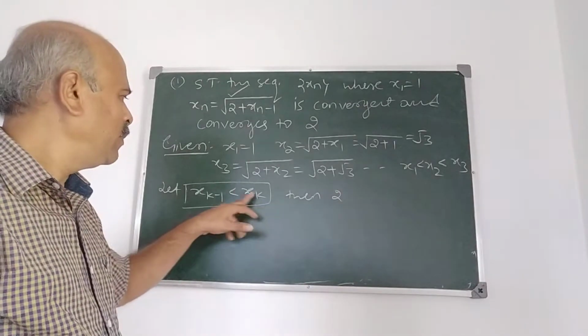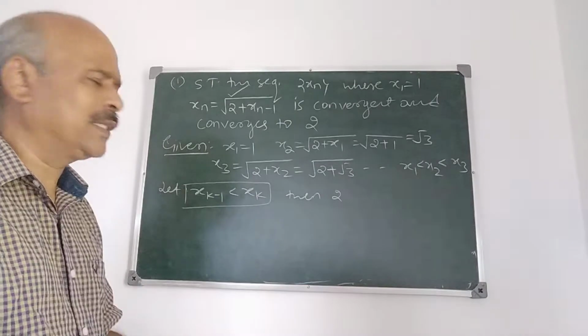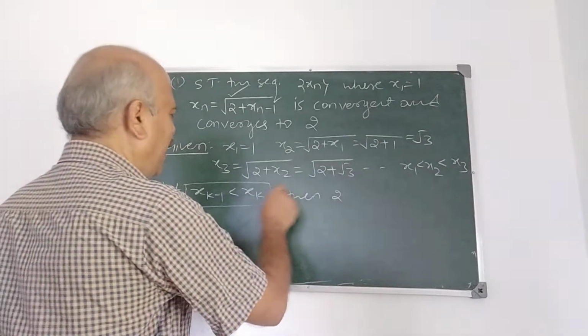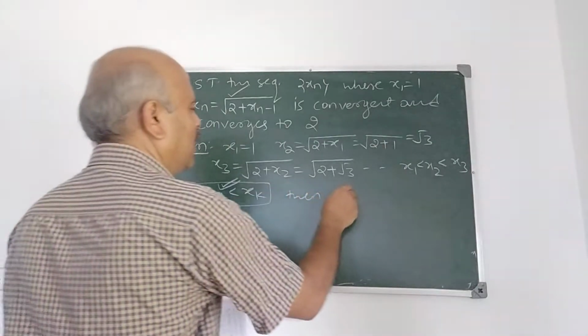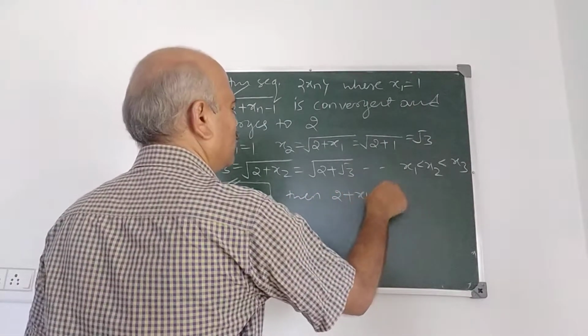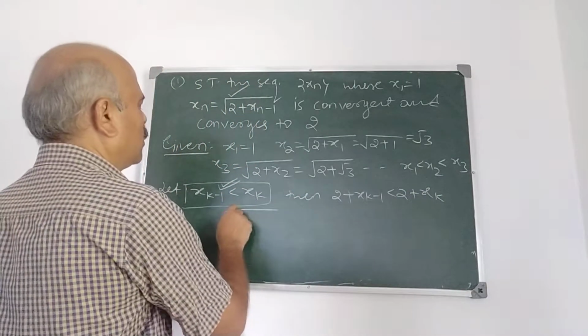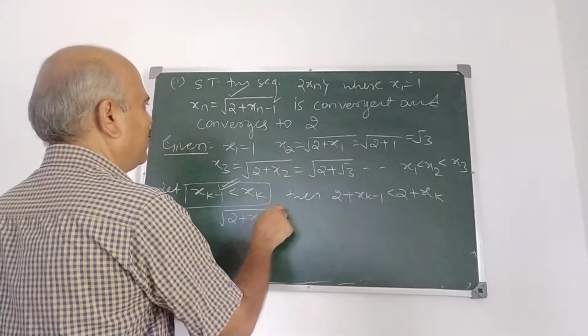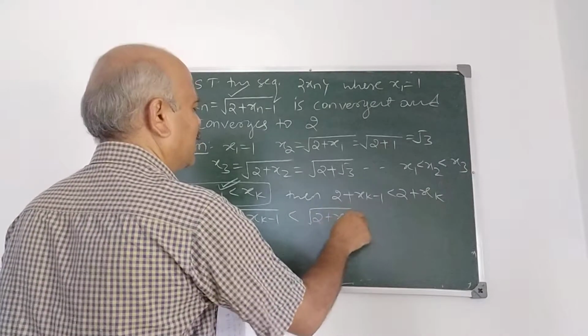Then by induction, for every n, xn plus 1 is greater than xn. It is our assumption that xk minus 1 is less than xk. Therefore 2 plus xk minus 1 is less than 2 plus xk, so the square root of 2 plus xk minus 1 is less than the square root of 2 plus xk.